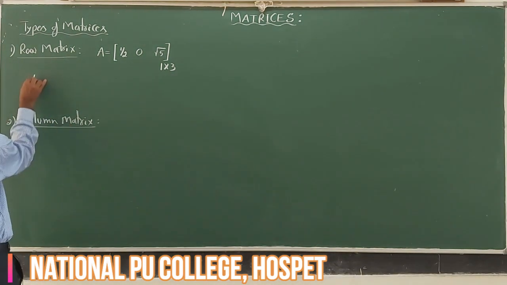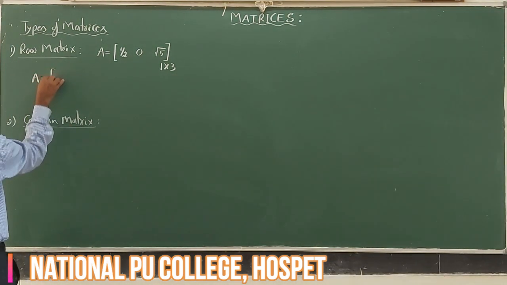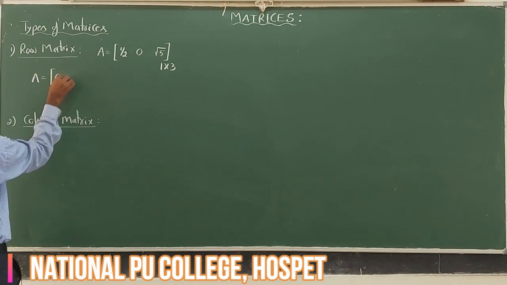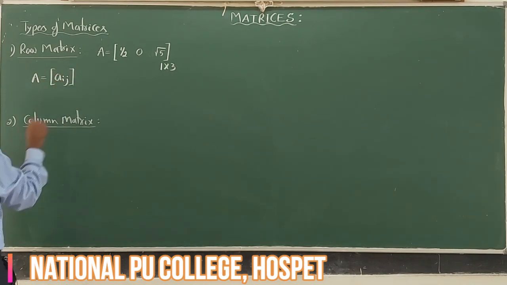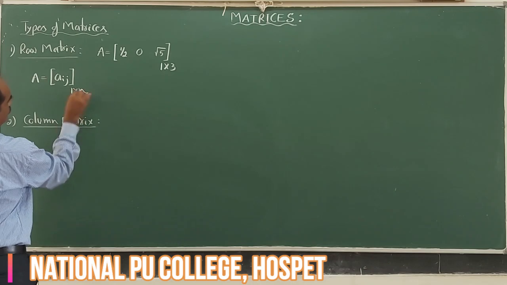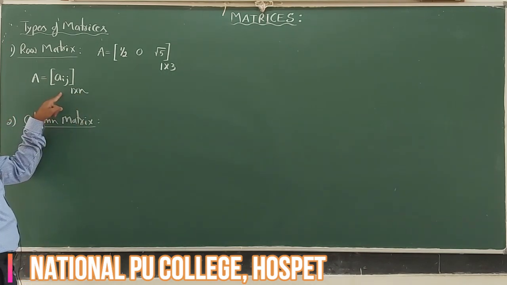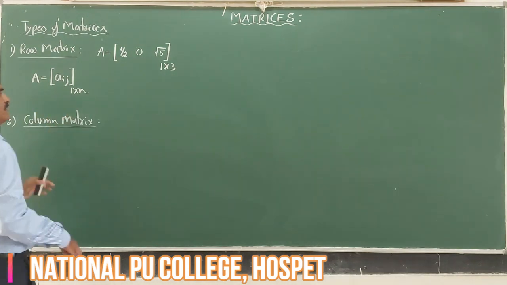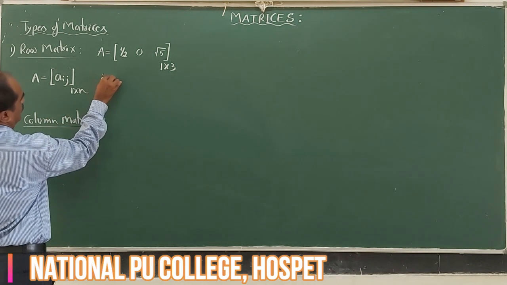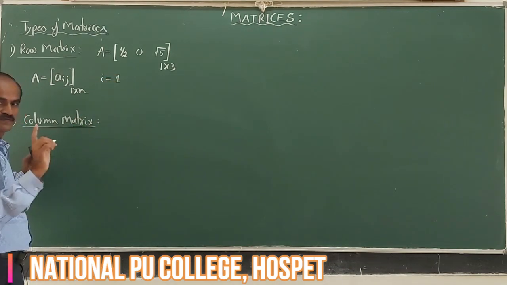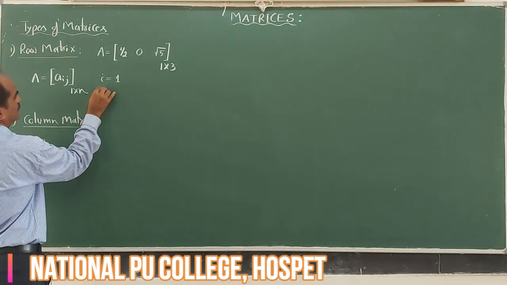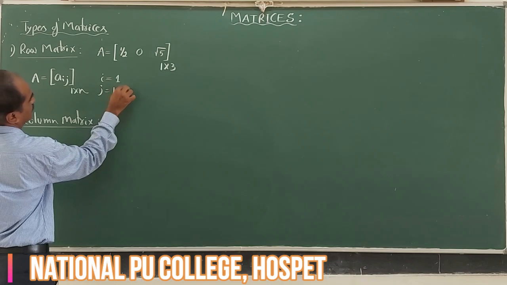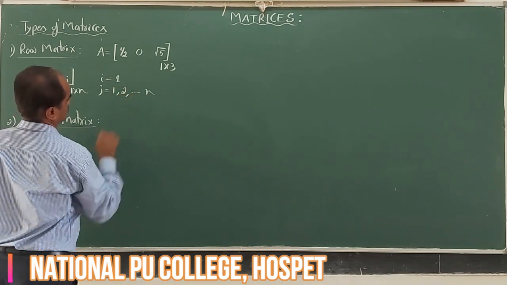In general, I can write matrix A is a matrix whose entries are Aij of order 1 by n. The i value is fixed, it is not varying, it is equal to 1, whereas j is varying from 1 to n.